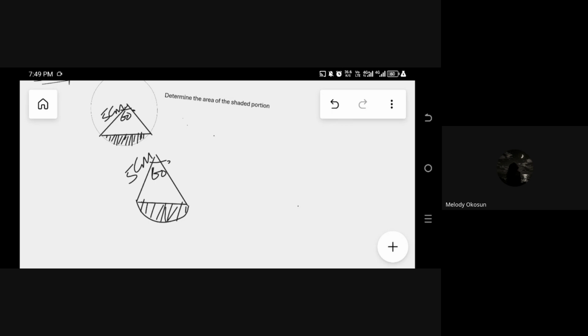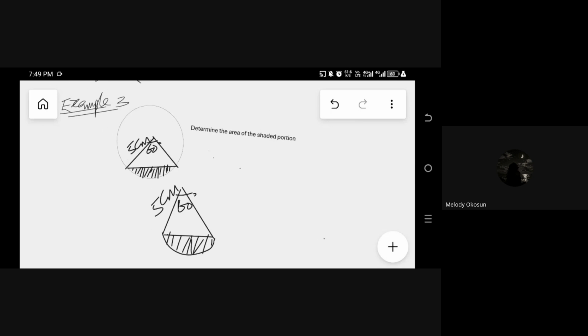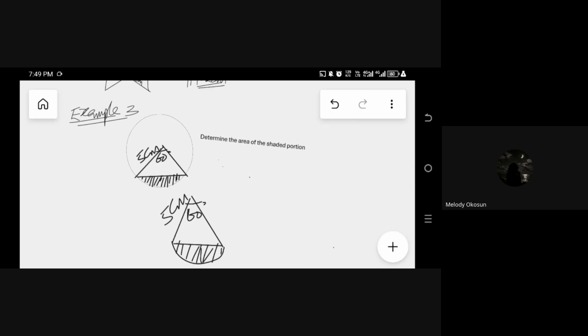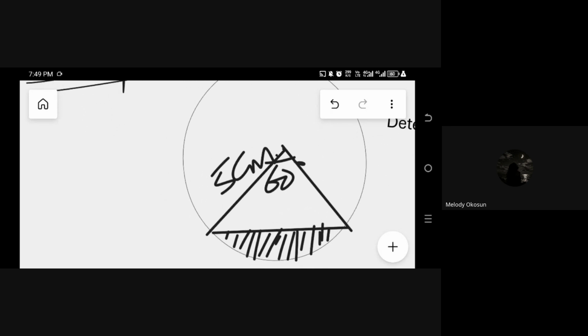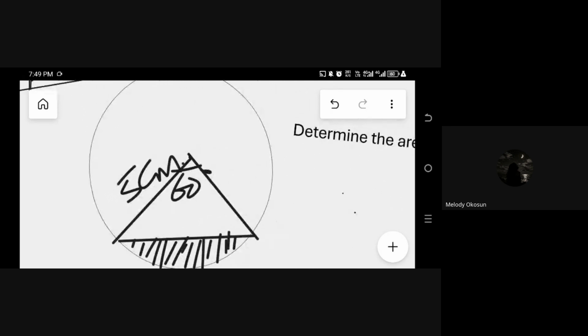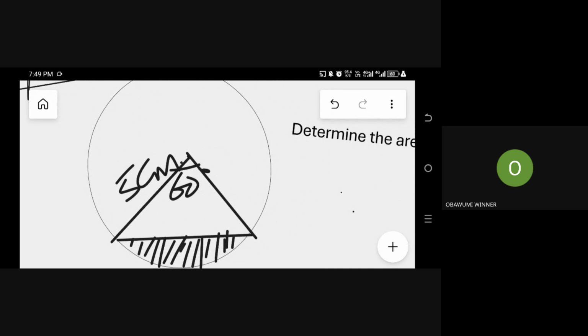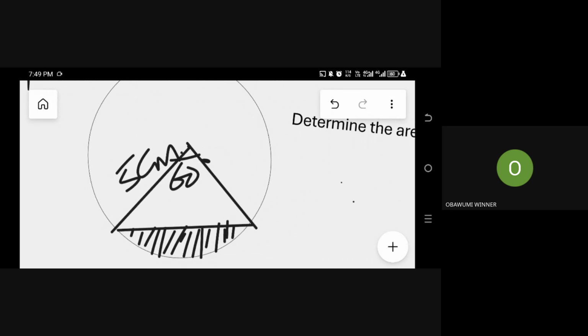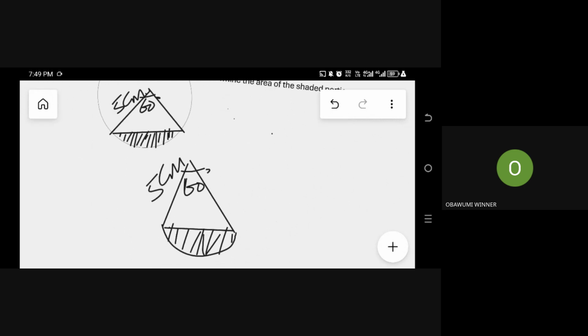Two different shapes form this sector. The triangle, correct. A semicircle, not correct. Look at where the chord cuts the circle, not from the center of the circle. That's not a semicircle. And what?